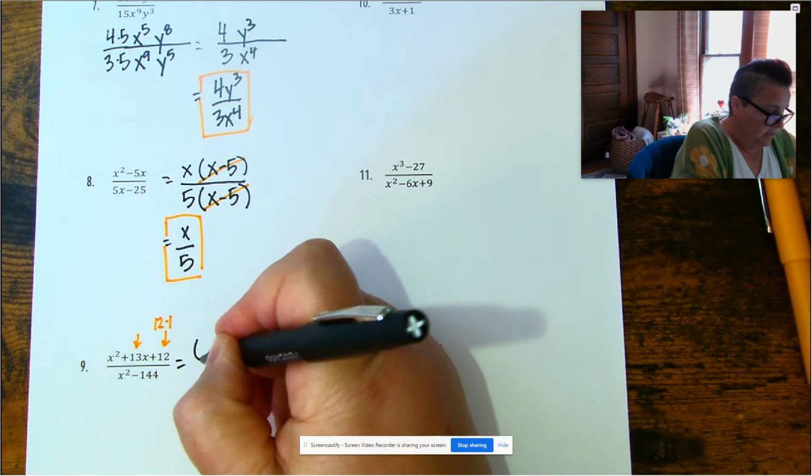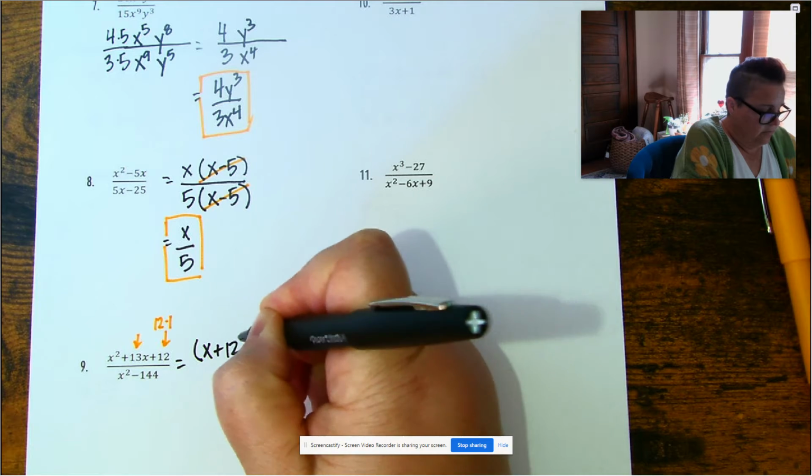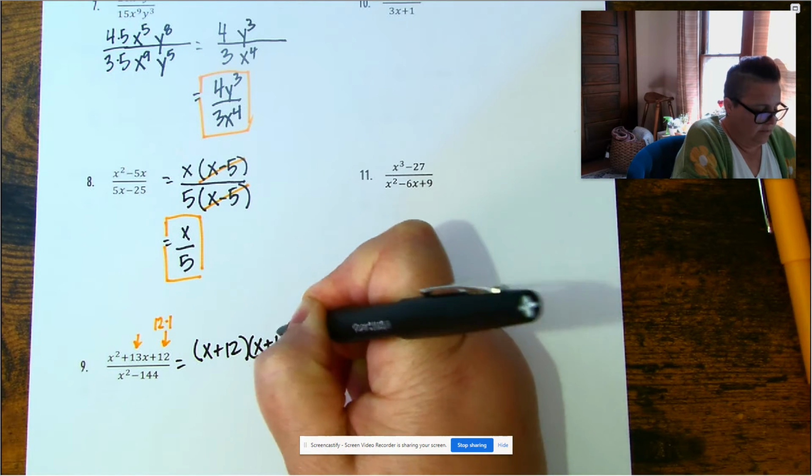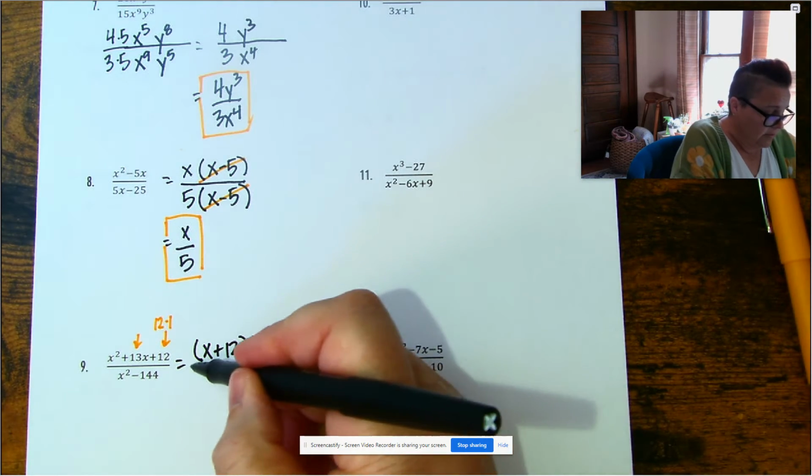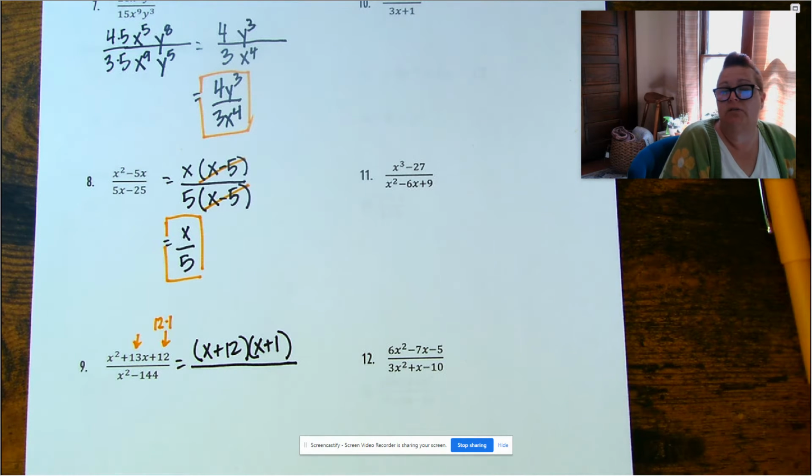So my factoring here would be x plus 12, x plus 1. That will give me the factors. Now, I did that one using mental math. If you need to do it using factoring by grouping, we can do that as well. I'll do another example using factoring by grouping.